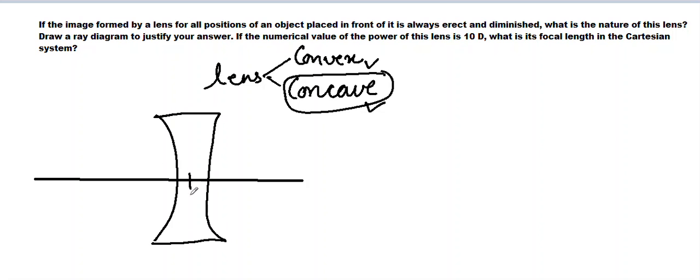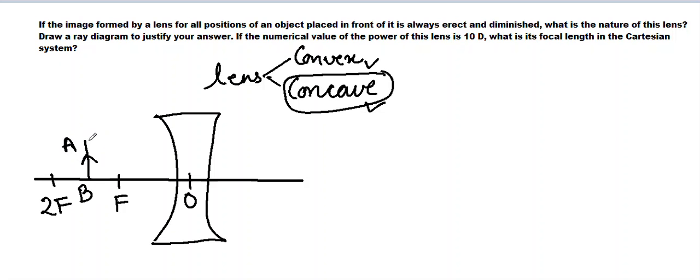That's going to be the pole, that is point O. We can make the focus F and the radius of curvature that we define by 2F. Alright, so let's make the object now. So our object is standing in between F and 2F and we're going to name this object as AB.